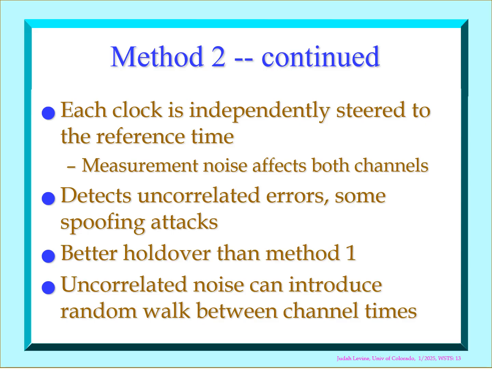It certainly has better holdover than method 1. On the other hand, uncorrelated noise can introduce a random walk between the channel times, and that's usually what happens. The noise in the measurement process and the noise in the link is uncorrelated, and it gets integrated up by the process of taking the difference between what I expected and what I got and applying it to the steering correction, and therefore the steering correction is the integral of all the various errors, so that a white noise in the measurement process gets integrated up into a random walk.